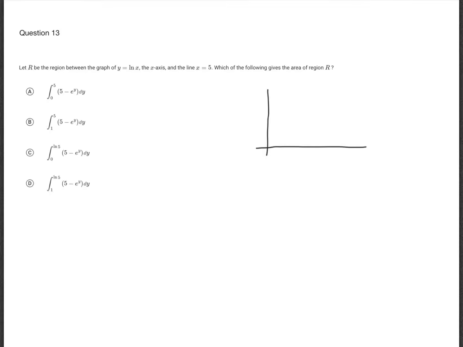Okay, so just have to memorize what ln looks like. So it passes through (1, 0), and then kind of looks like root x going this way. And then technically it goes down to infinity. There's a little asymptote here. Okay, so that's ln x.